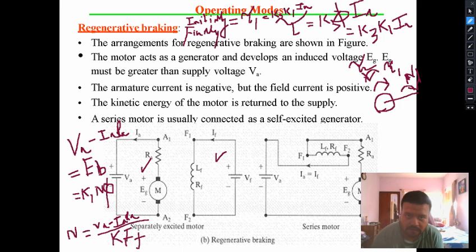Finally, suppose it is reversing its direction of rotation, and tau 2 is equal to minus k1 k3 IA.